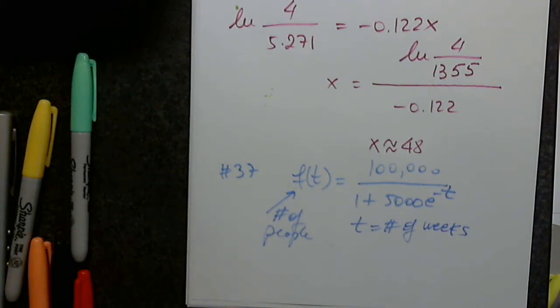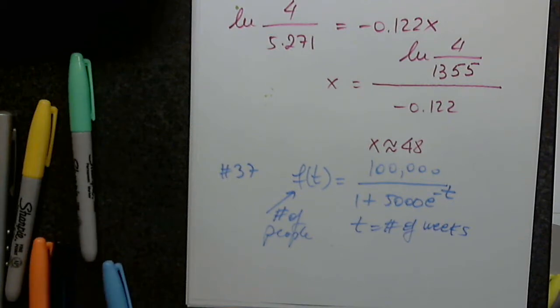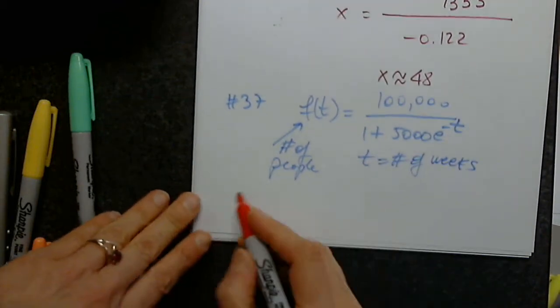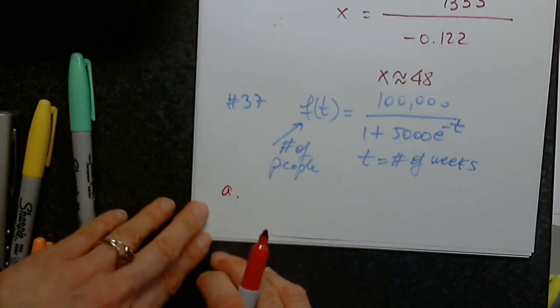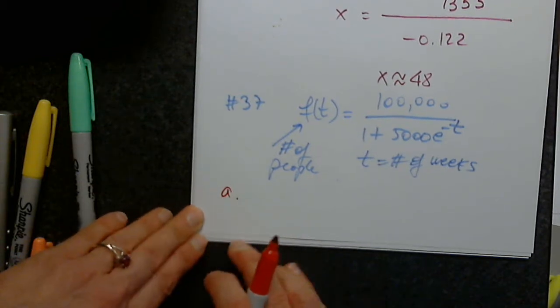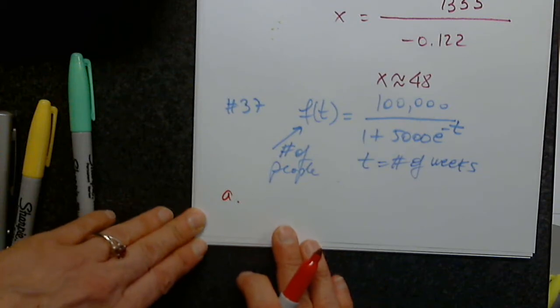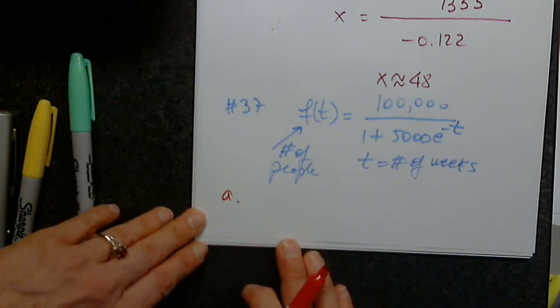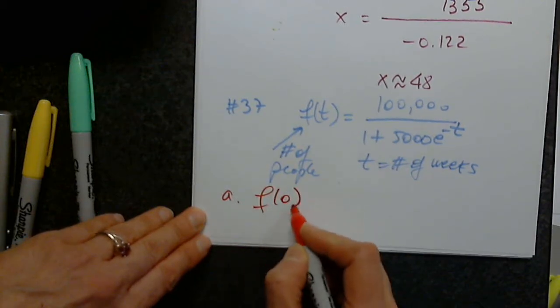How many people became ill with the flu when the epidemic began? Say it again. What does that mean? I gave it to you. No. Initial. When we say initial, what do we mean? Exactly. So f of 0.